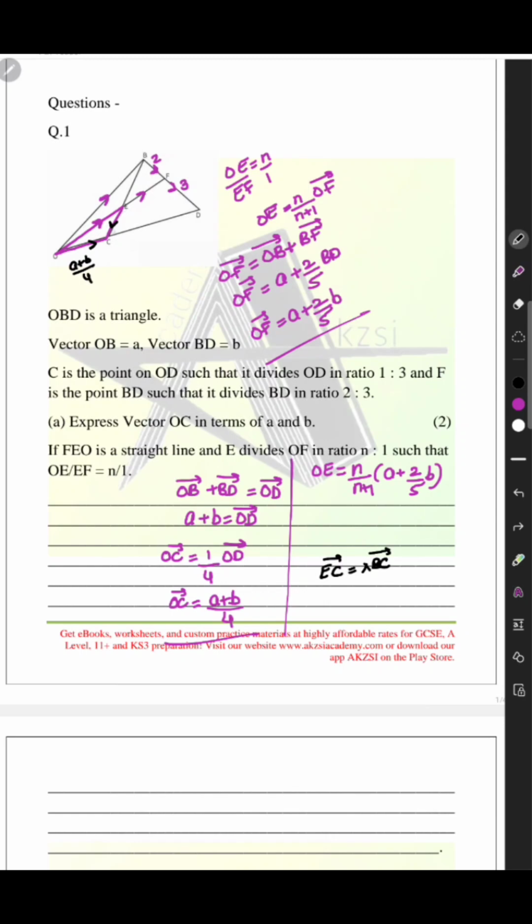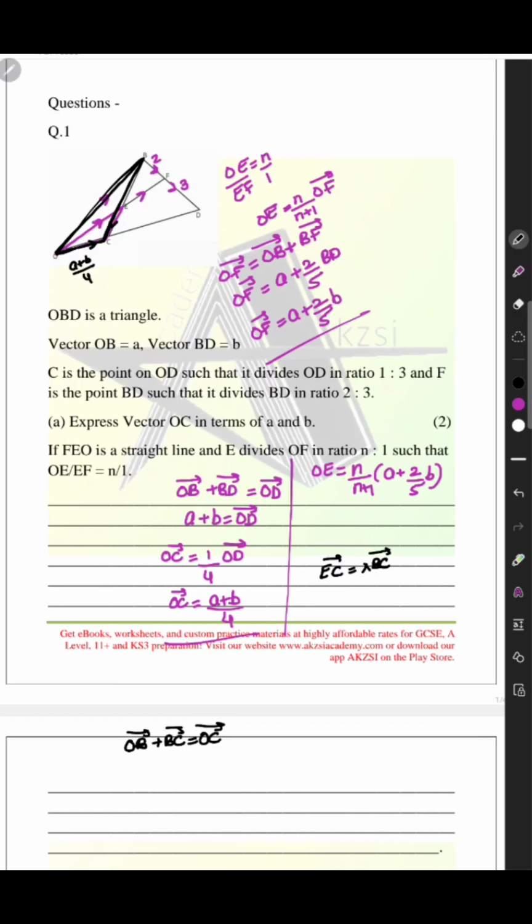So EC is lambda times BC, so I have to calculate BC. I can take this triangle to calculate BC. So this black triangle is O to B, I'm writing down here, O to B, and then B to C is equal to O to C. Direction matters a lot. So you have to see which two are following each other.